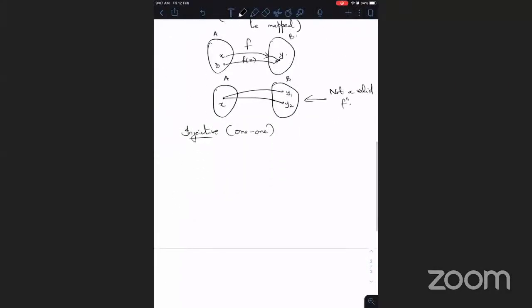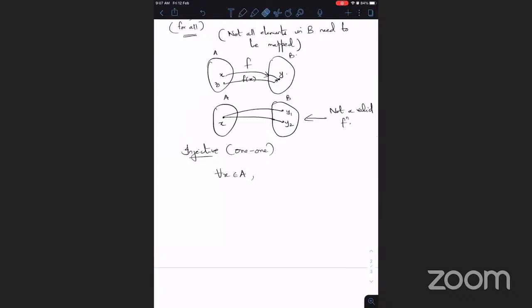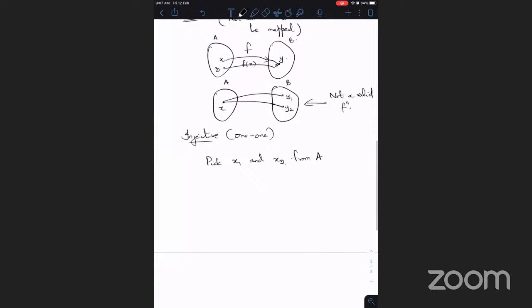Which means that every element x for all x in A, let's say... okay, let's not do this. So pick an element, pick x1 and x2 from A. So we have a set A, then we have x1, then we have x2, and this is set B, and this is mapped using the function f.